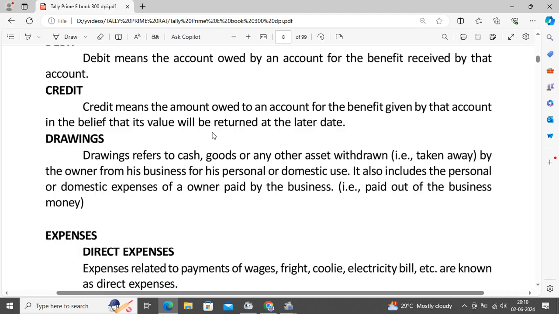Credit means giving the goods. It may be a TV, a fan, sugar, whatever it is. It may be a shirt.